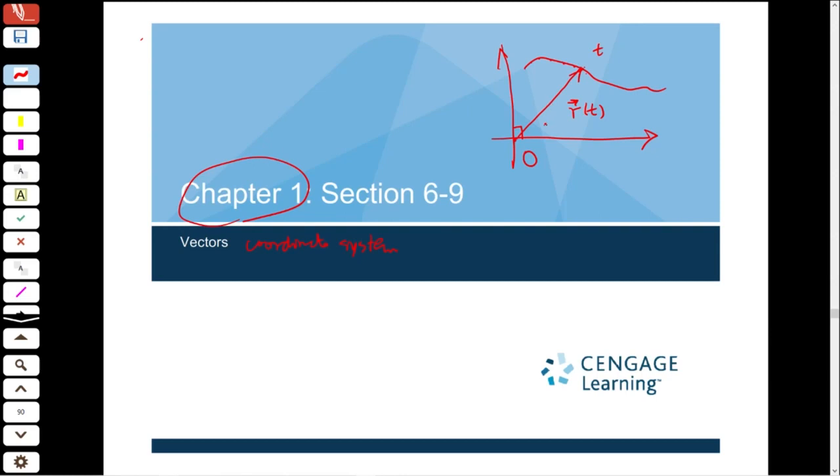So this is called a vector. In this part of the lecture, I will describe what vectors and coordinate systems are. So here is the content of this portion of the lecture.